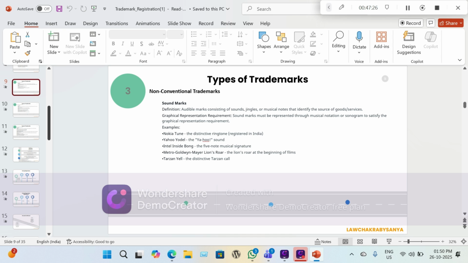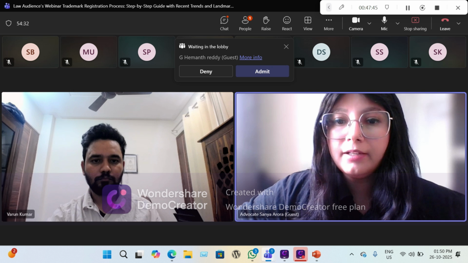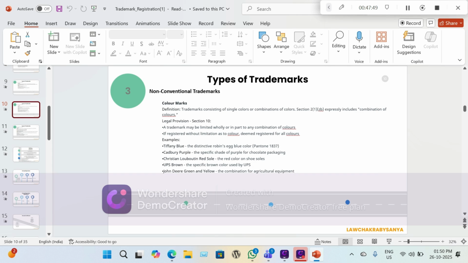Then we go on to the next slide. We have color marks also. So certain color combinations can also be registered as trademarks. Section 21ZB, of course, recognizes combination of colors. Then there is a legal provision under Section 10. So a trademark may be limited wholly or in part to any combination of colors; if registered without limitation as to color, it is deemed registered for all colors.